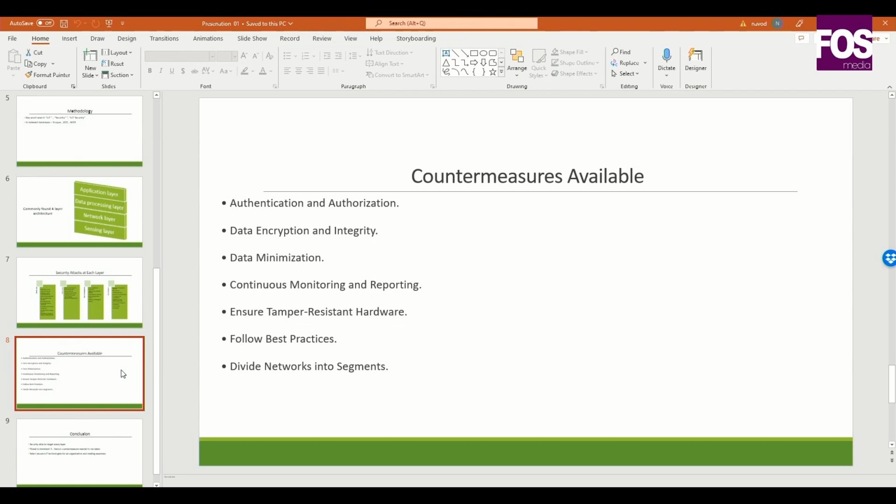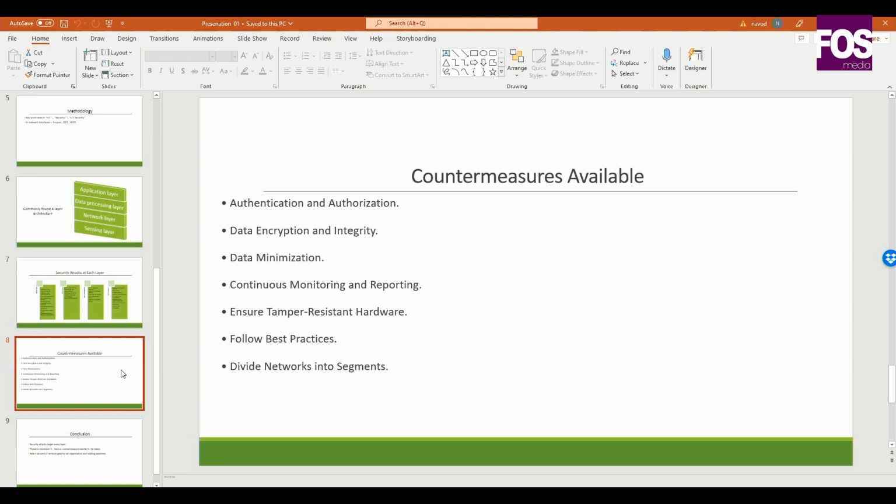And using tamper resistant hardware, that means the hardware devices must be designed in a way that is really unbreakable by physical security attacks. So it's called tamper resistant, and following best practices like daily updating of your devices.